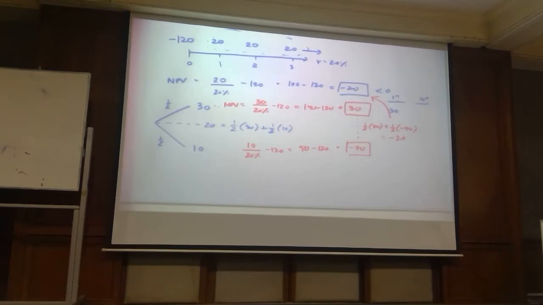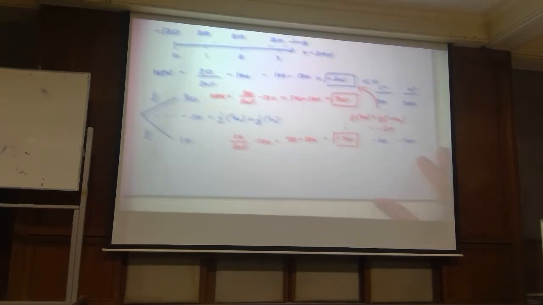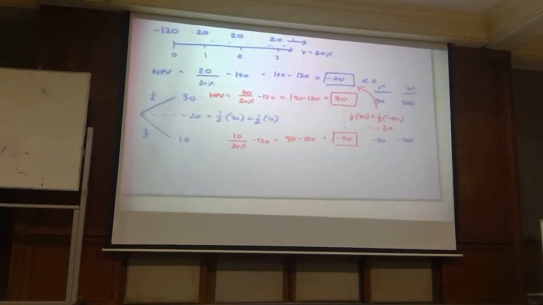If I have 10 hotels, this will be scaled up 10 times. If I have one hotel and it's bad, my NPV will be minus 70. And if I have 10 hotels and it's bad, it will be minus 700. So our choice here involves, do I want to have one hotel or 10 hotels? That's our option to expand. Do I expand or not?